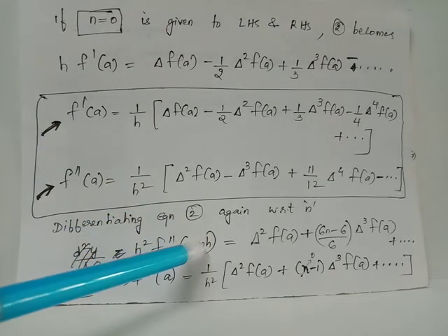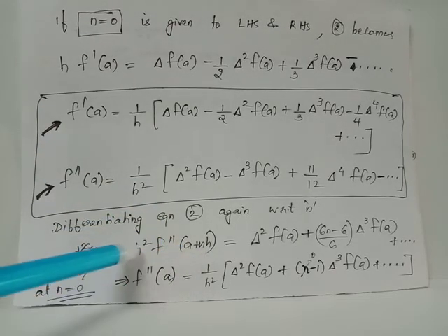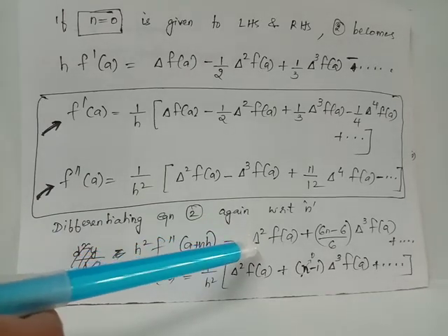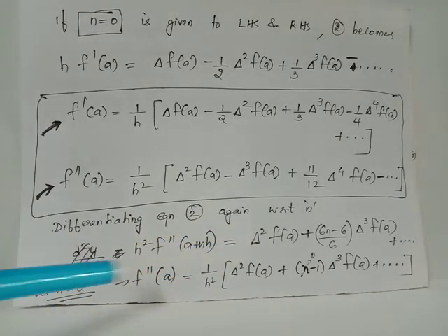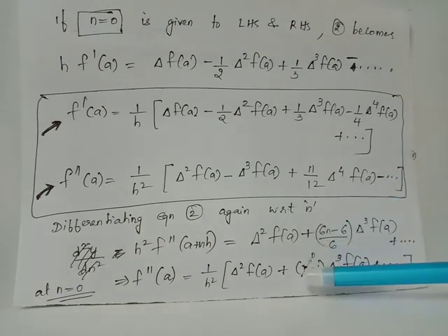Here when you give n equals 0, f(a + nh) becomes f(a). Both sides of this equation are divided by h², and thus 1/h² appears here. When you give n equals 0, n - 1 becomes negative 1.